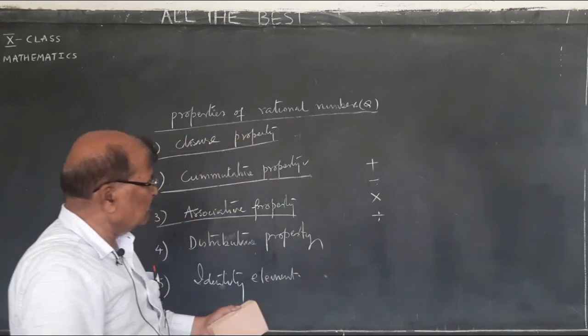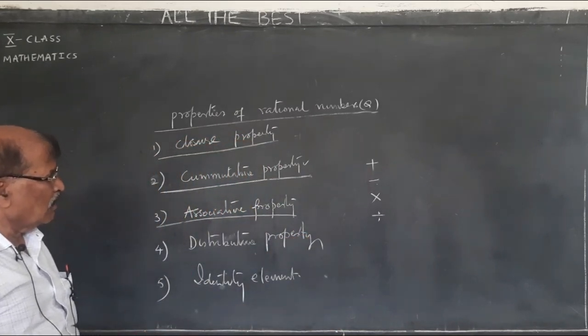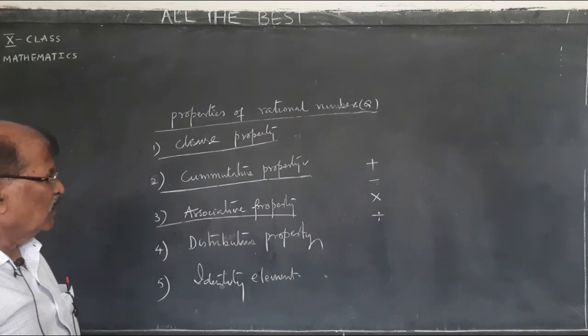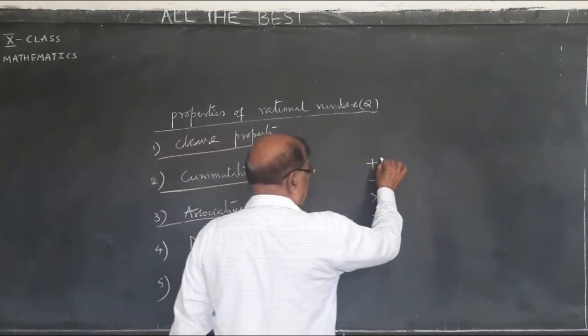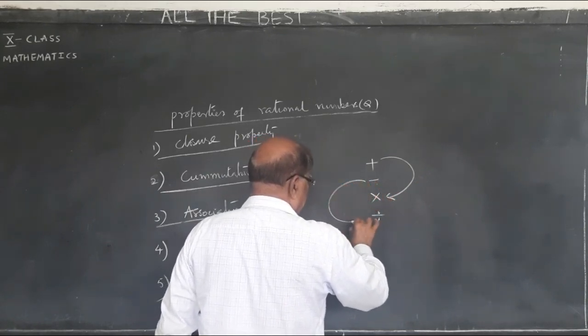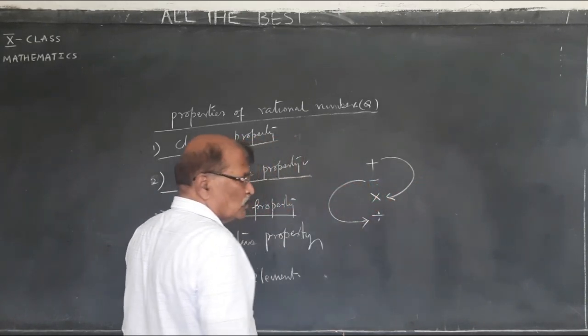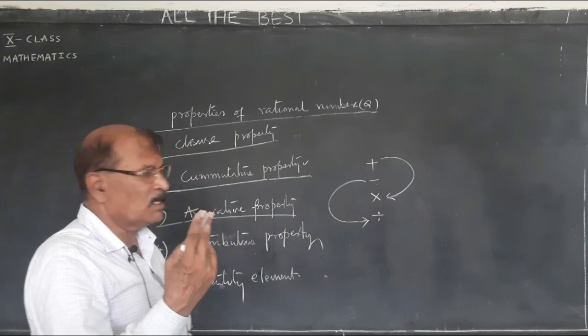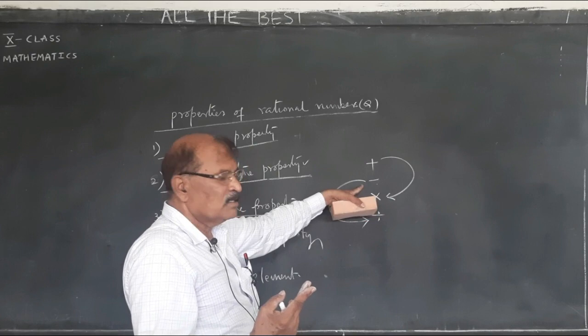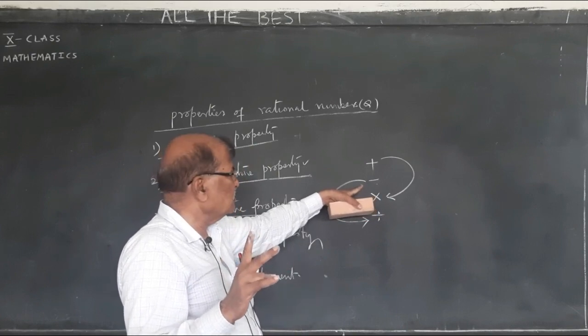But later we came to a conclusion that the fundamental operations are only two. Repeated addition is called multiplication, repeated subtraction is called division. So we have only two fundamental operations, addition and subtraction.